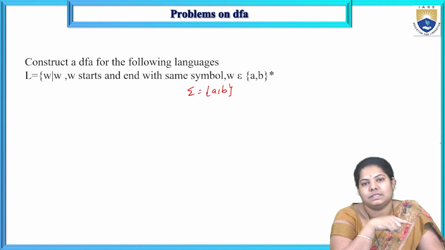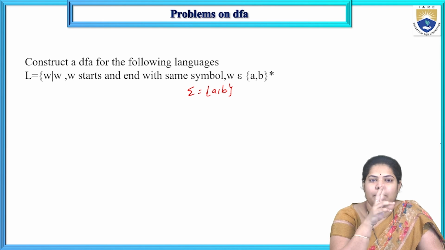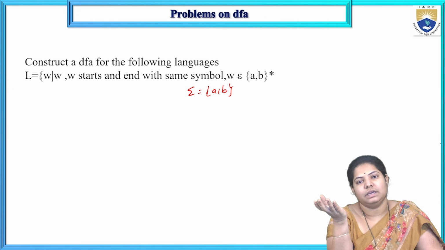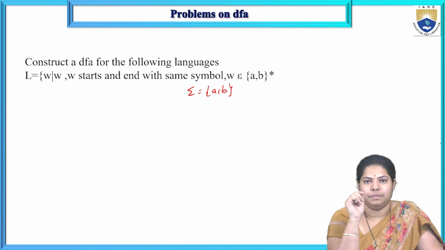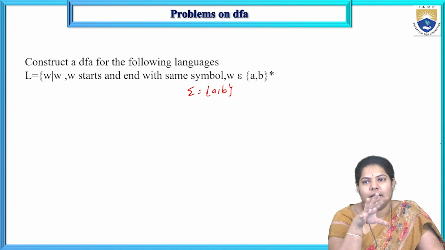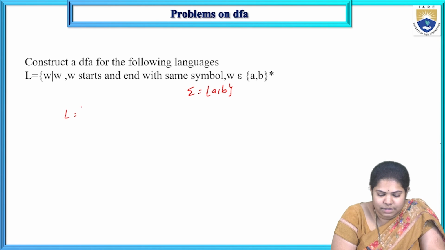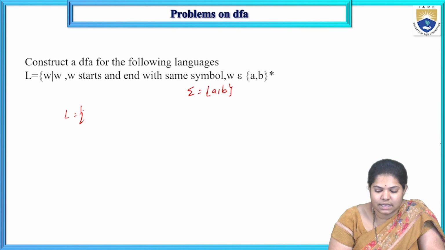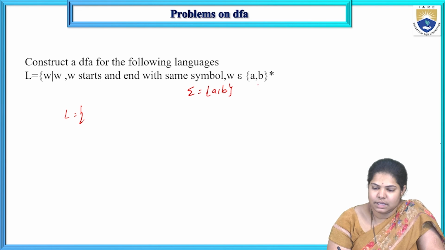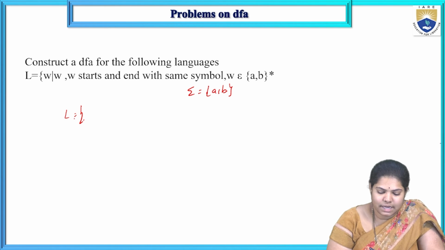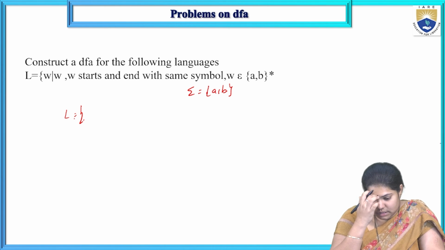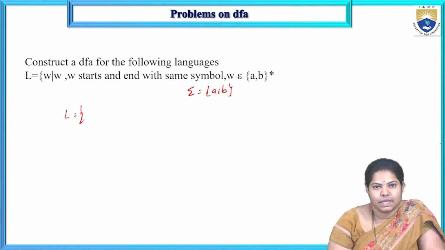Either the string starts with A or B, or the string ends with A or B. So that means different parts. So what will be the language? Starts and ends with the same symbol, where A and B are the input symbols. Right? So what is the language?